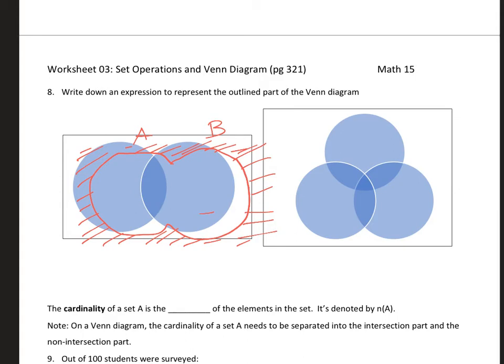Everything is shaded outside, so something like complement, right? So if I look at the outline part, I notice that's just A union B, but instead of shading inside, I shade it outside. So if I have to find the expression representing this Venn diagram, I'll say A union B, and then the whole thing complement.